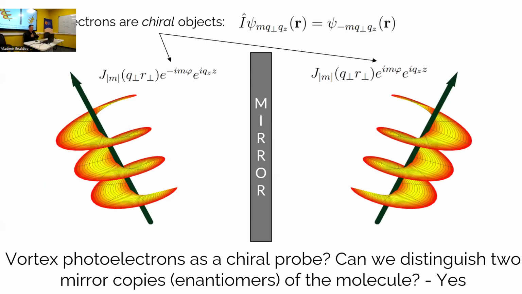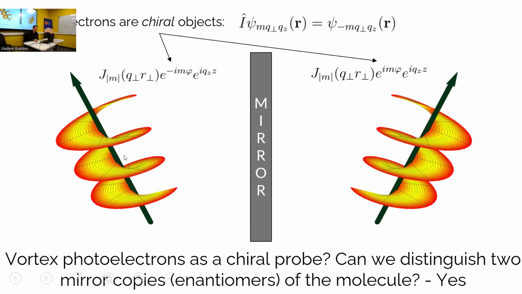So actually, these vortex electrons are chiral objects. It means that if you have some mirror here, for example, and we have some vortex states here, on the other hand, as a mirror image, we have vortex states with negative momentum m. So here we have plus m, here we have minus m.